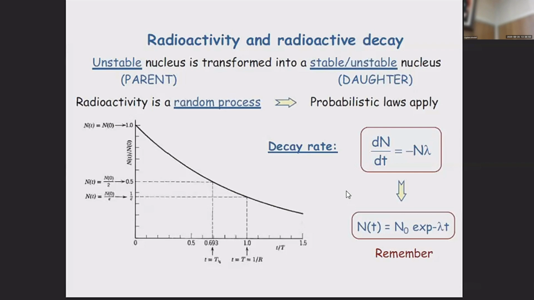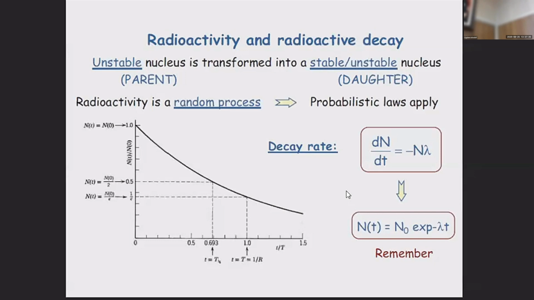That's why we have this famous formula, if you remember: the change in the number of nuclei per time depends on the initial number of nuclei times a constant, the decay rate. Therefore, we obtain this formula. It works very well for almost all nuclei. It describes the number of unstable nuclei transforming to stable ones.